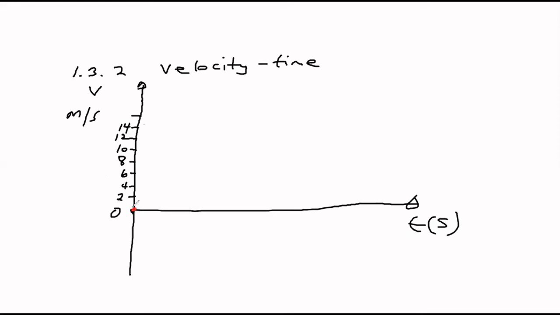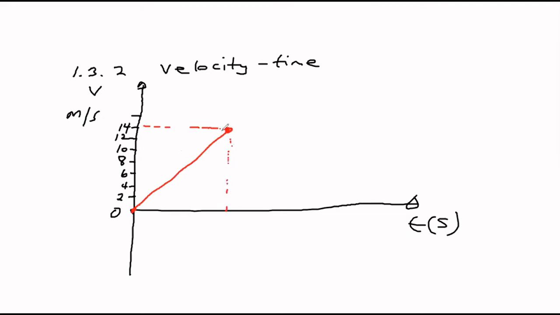Initially, we have 0 velocity. When the object hits the ground, the velocity is 14. Then we can sketch a straight line. We take downwards as positive.